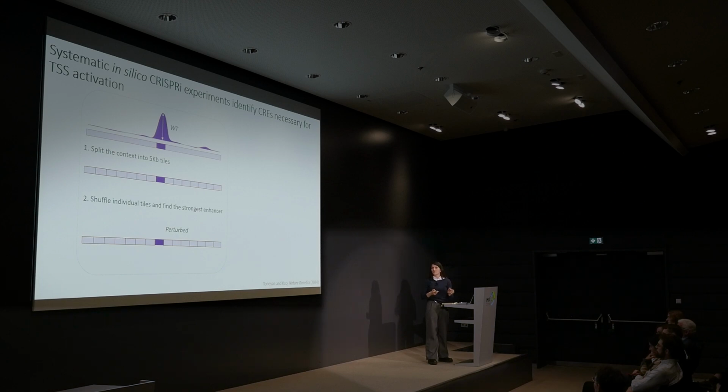Instead of specifically targeting regions for in silico perturbation that are known enhancers from experiments, we now systematically split the entire context of the gene into 5 kilobase tiles, and then shuffle each individual tile in order to disrupt any TF binding motifs or regulatory activity that the tile might have.